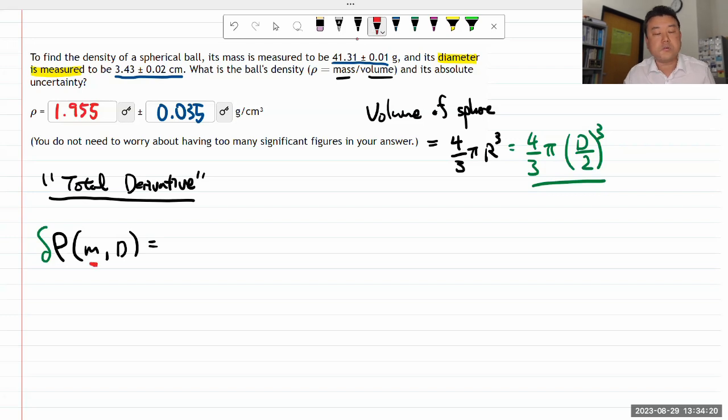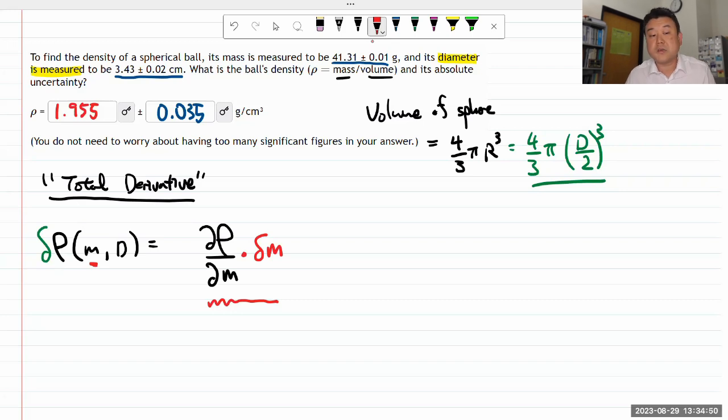And the way you see the influence of the uncertainty of mass on the uncertainty of density is you take the expression for density, the partial derivative of rho with respect to mass as a variable, and multiply that with the uncertainty of mass. You can check within this expression that it's dimensionally consistent. The units of these two things cancel out and I get the unit of density.